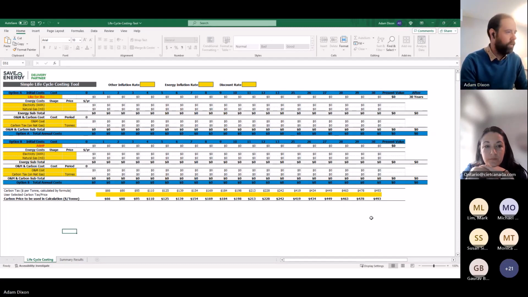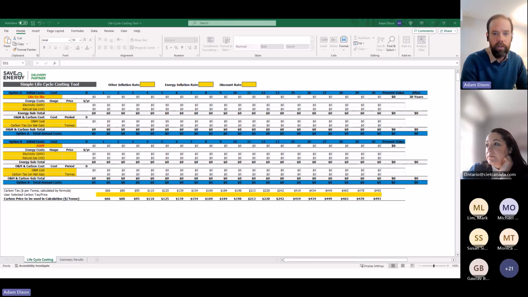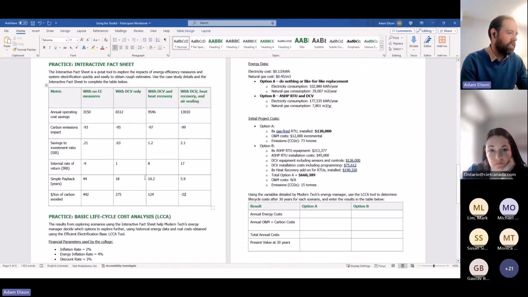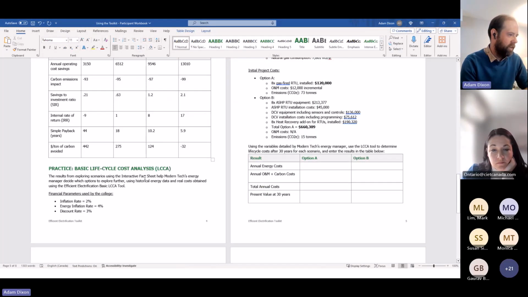So I'm going to pull up our worksheet here to see what additional information we have. Here we go. We have our interactive fact sheet data, so we can see how these numbers compare once we add in a bit more information and a bit more flexibility to customize it.